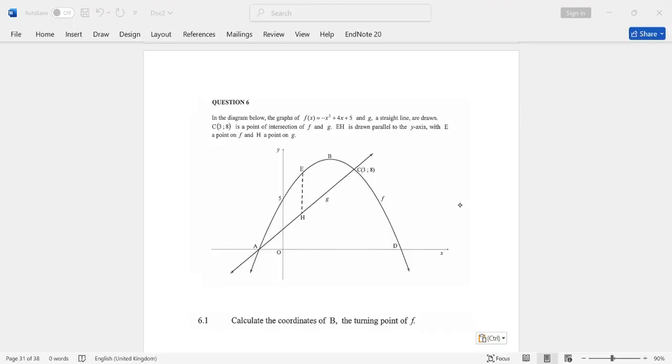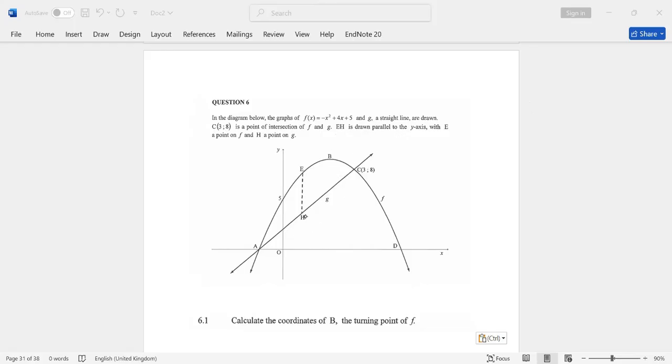Now we have the question number 6. In the diagram below, the graph of f of x equals to minus x squared plus 4x plus 5 and g, a straight line, are drawn. C is the point, coordinates are 3 and 8, a point of intersection of f and g, okay? EH is drawn parallel to the y-axis.